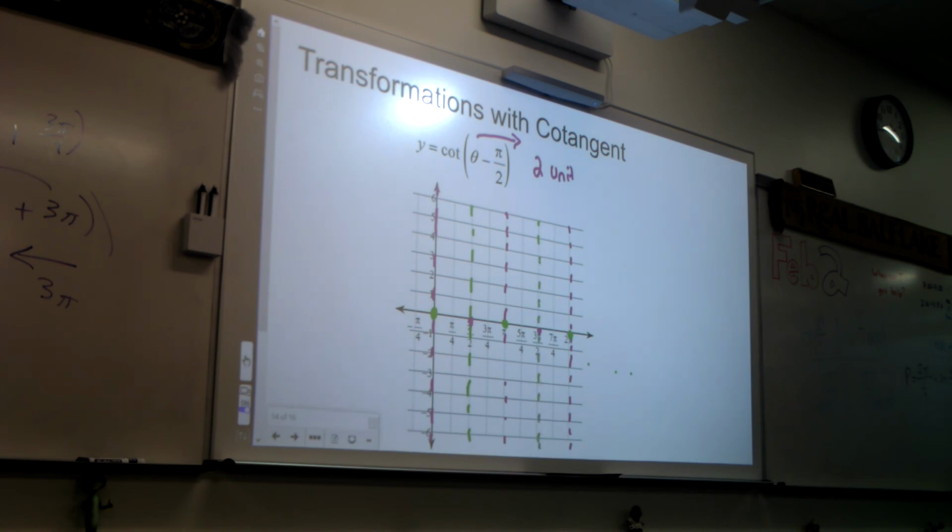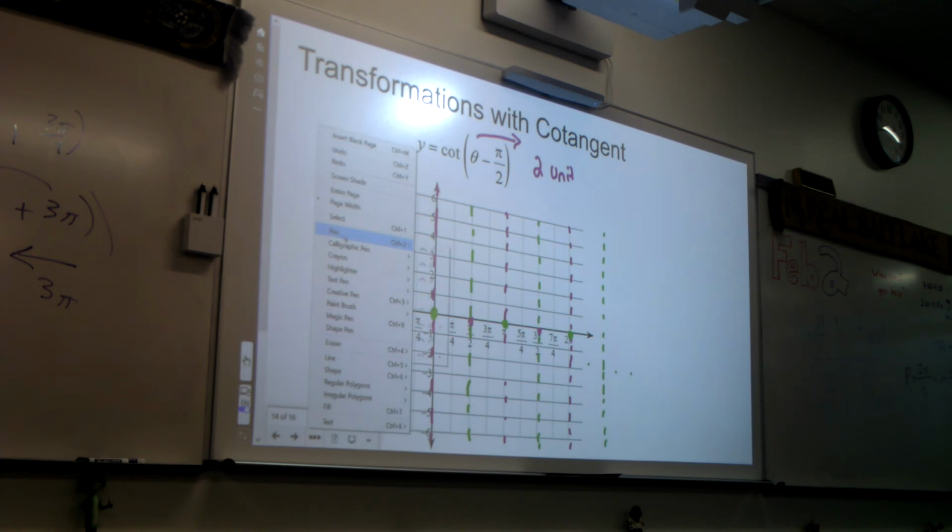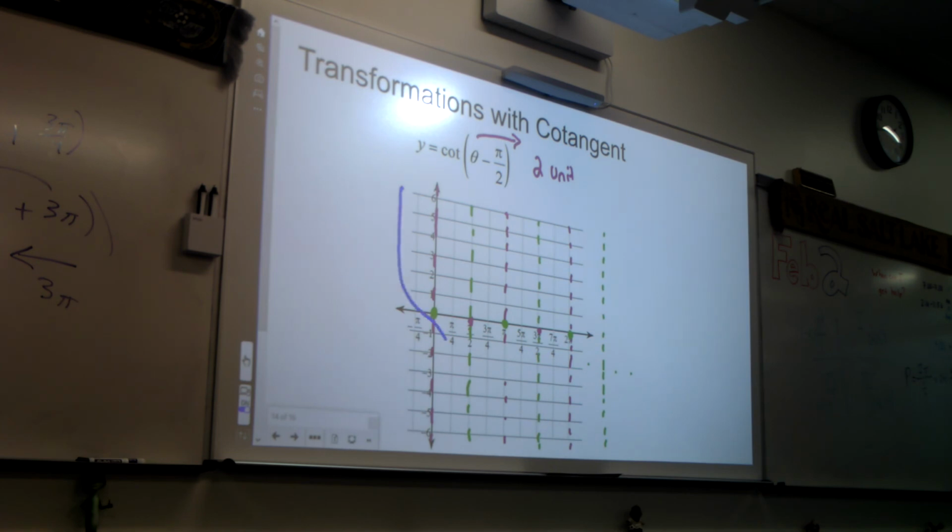So it's almost making it look like what tangent will look like, except we're still going to be slithering down, because cotangent is snakes slithering down. So it's going to be like that. And there you go. Wasn't too bad, right?